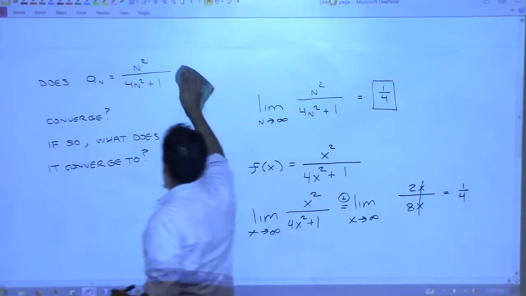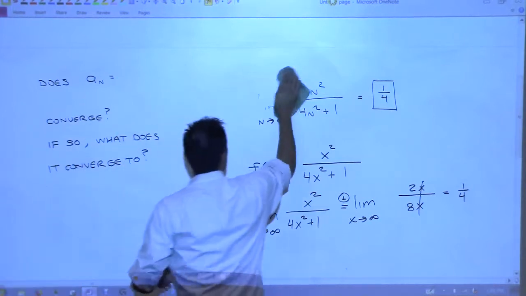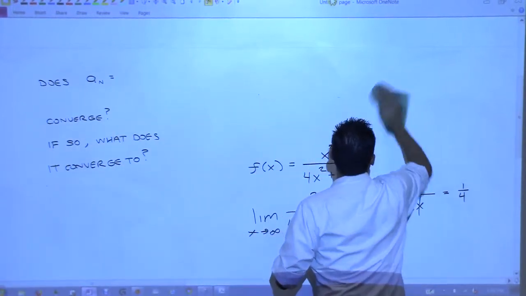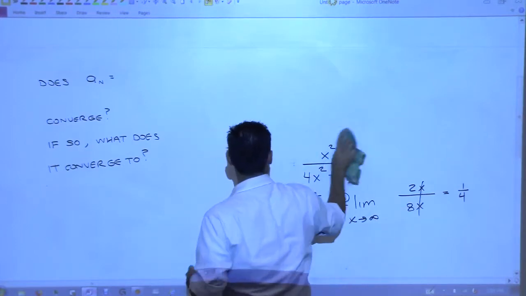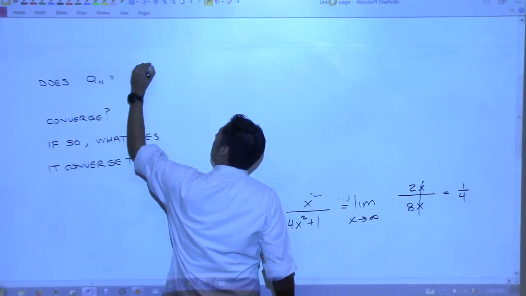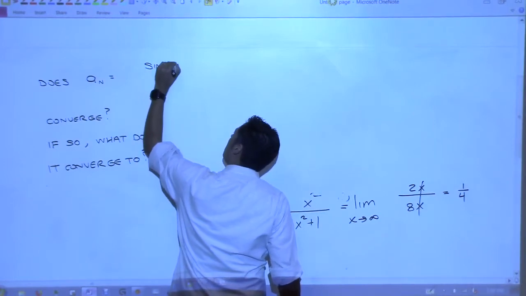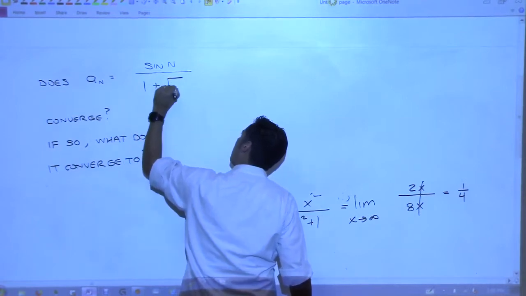Okay, let's do another one. Same question. Does this converge? Yes or no? Sine of n over 1 plus the square root of n.